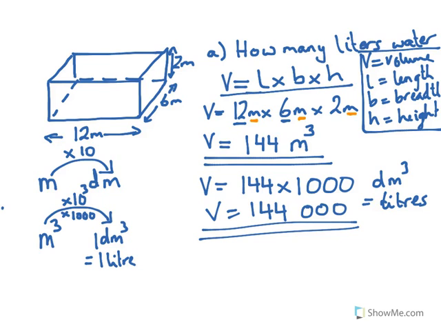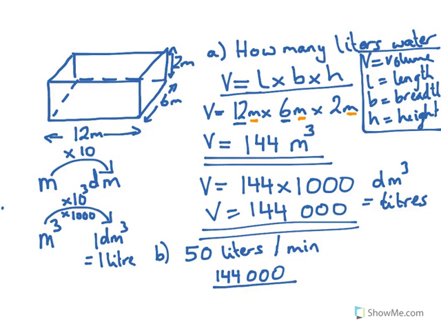Then we have a question B, and it's, okay, how long is it going to take us to fill the pool if we fill at a rate of 50 litres per minute? Well, we have 144,000 litres.